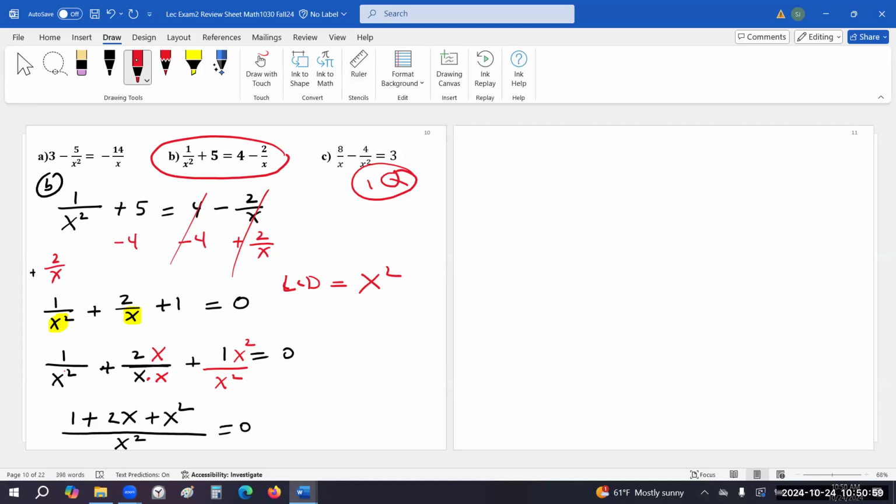We don't move it up. Instead, we multiply both sides, the numerator, by the denominator, because the multiplication cancels the denominator.